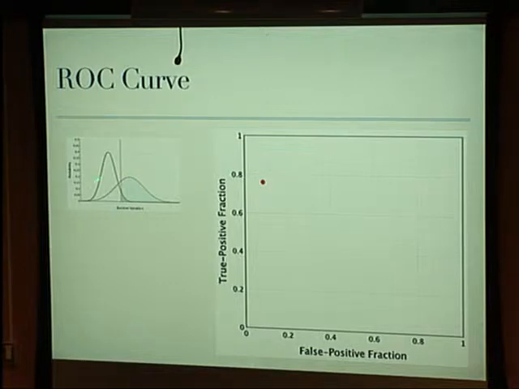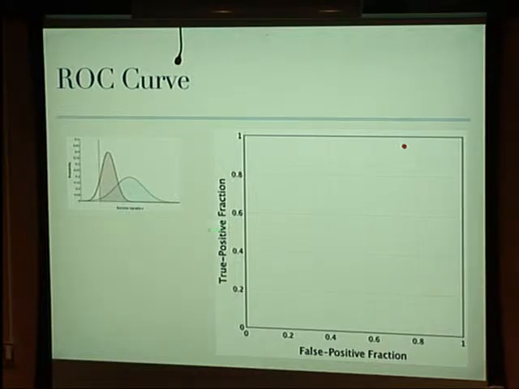This observer produced lots of different values for this decision variable. And so as you can imagine, I can change that threshold. If I lower the threshold, my true positive fraction goes up. I more often correctly classify the abnormal images, but correspondingly my false positive fraction also goes up, which is a negative thing. I'm more often misclassifying normal images.